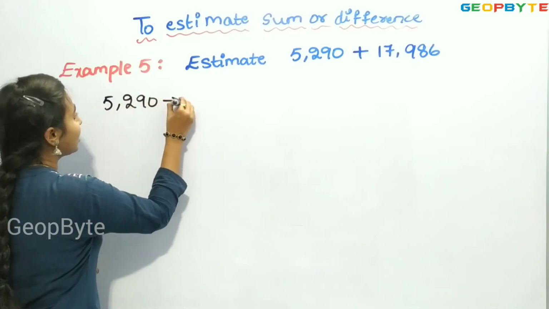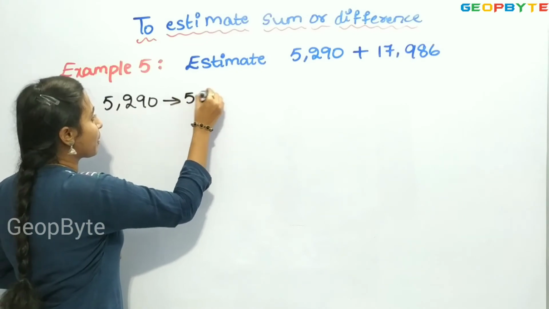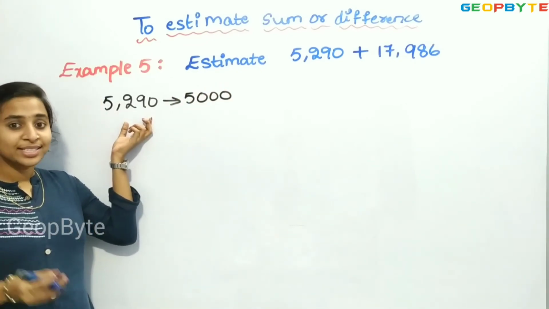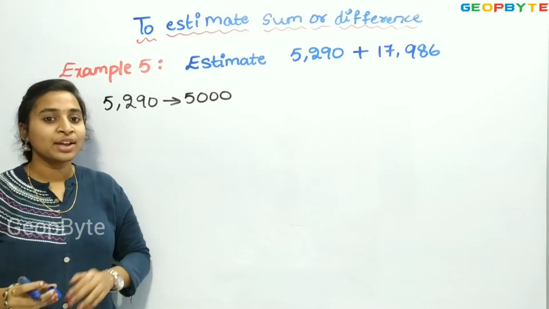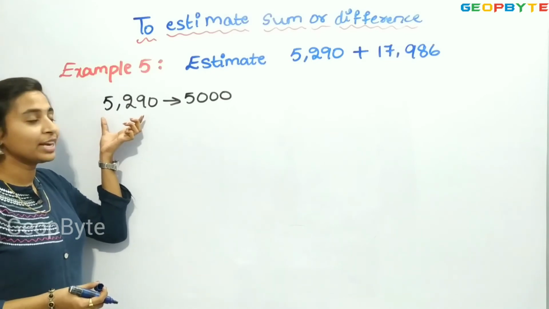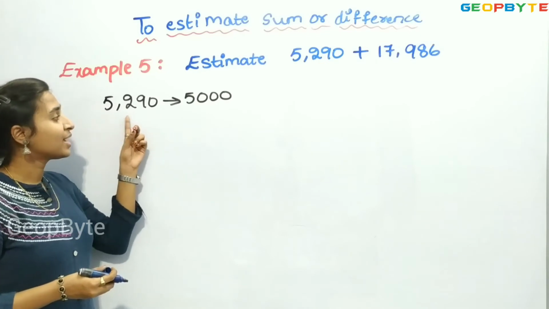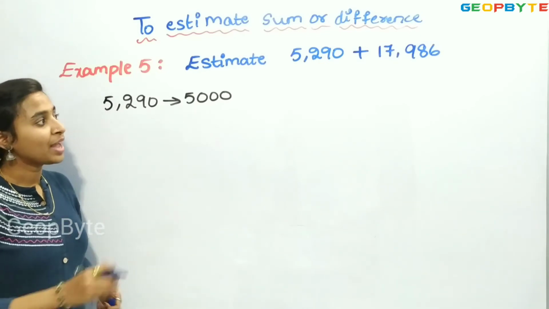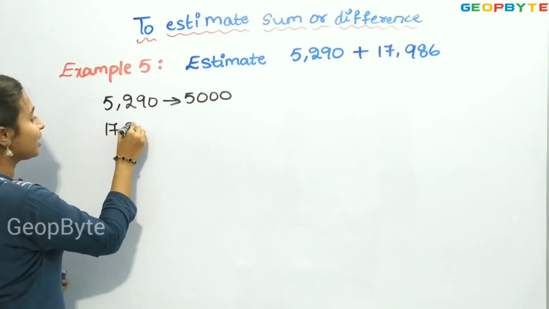5,290. Right? This is rounded off to 5,000, because 290 is less than 500. If it is less, we will go to the previous. That is, this number lies between 5,000 and 6,000. So, 290 is less than 500, so we rounded off to 5,000. And the next number is 17,986.